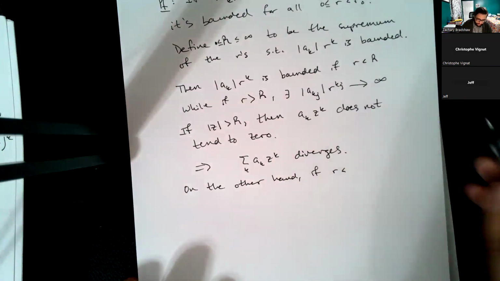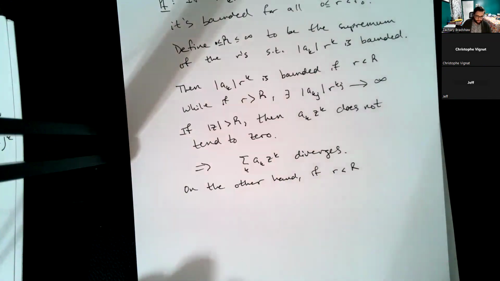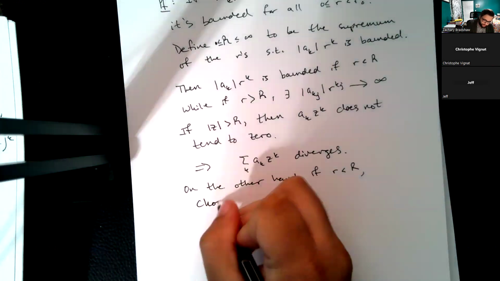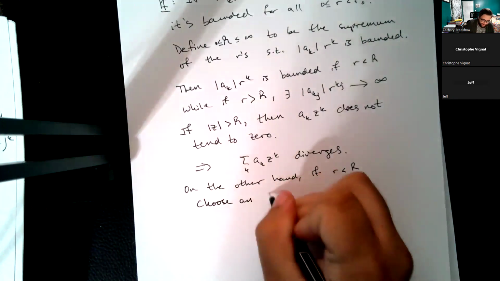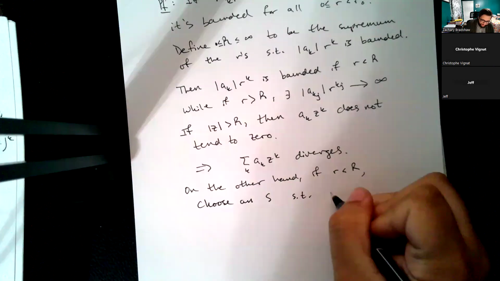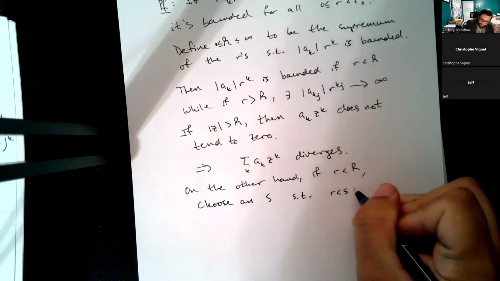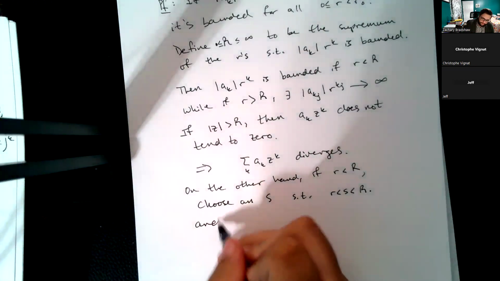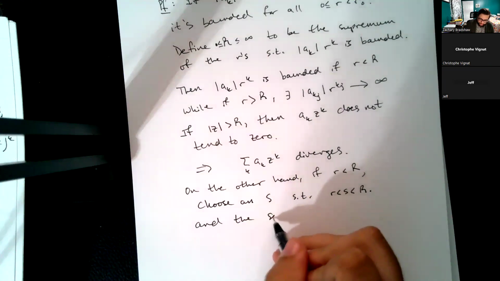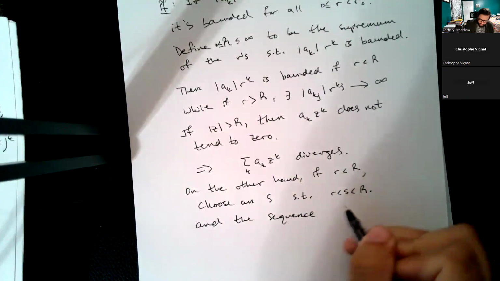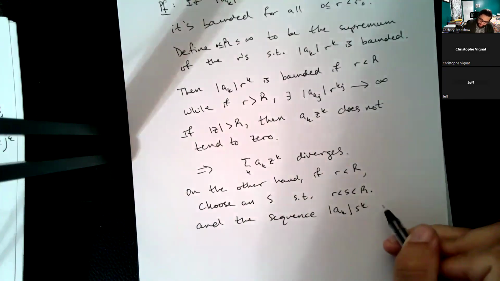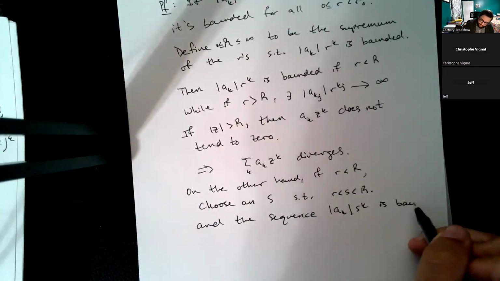On the other hand, if little r is less than capital R, we can choose an s such that s is between little r and capital R. And the sequence modulus of a_k s to the k is bounded.